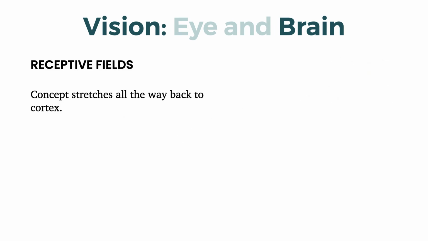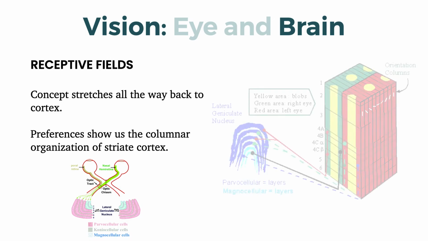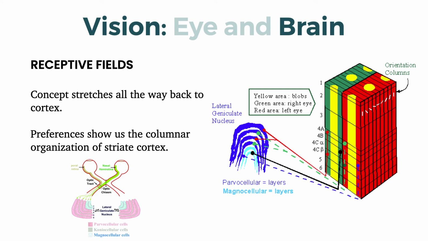All right, so these preferences, when we map the preferences of all these cells in the visual cortex, we find that things are super duper organized. Now, this is a little bit more complicated than I decided I wanted to get with you guys. So let's just say from the lateral geniculate nucleus, we have things passing to the visual cortex.